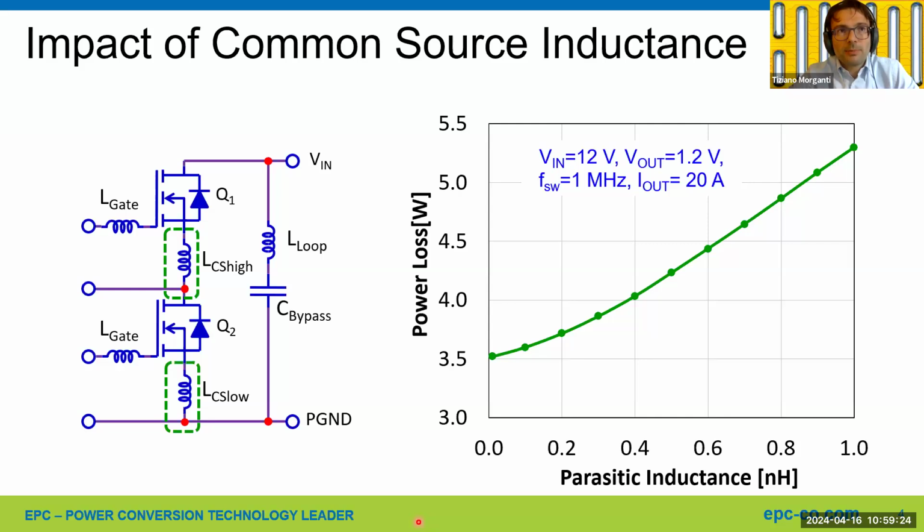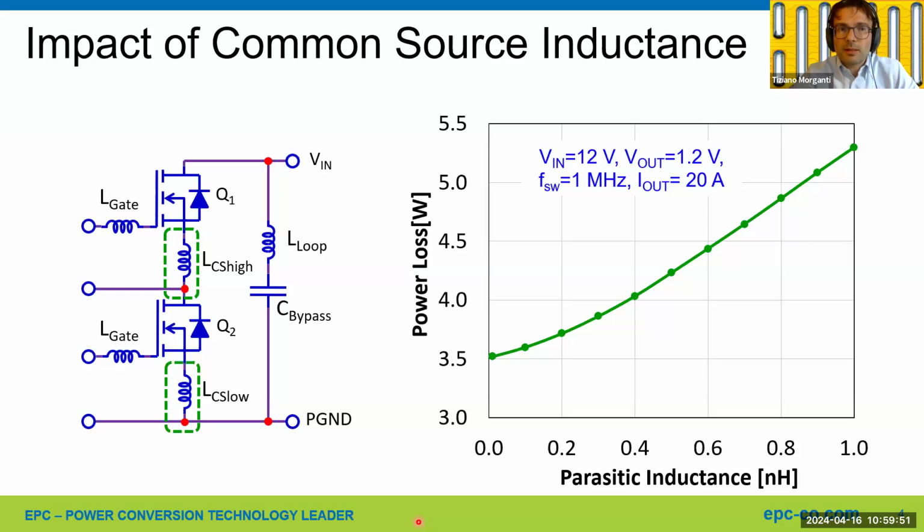I've seen that kind of increased loss in the COSS in some designs of super junction silicon MOSFETs. I think it is a topic some manufacturers have addressed recently to bring the COSS losses back to negligible.